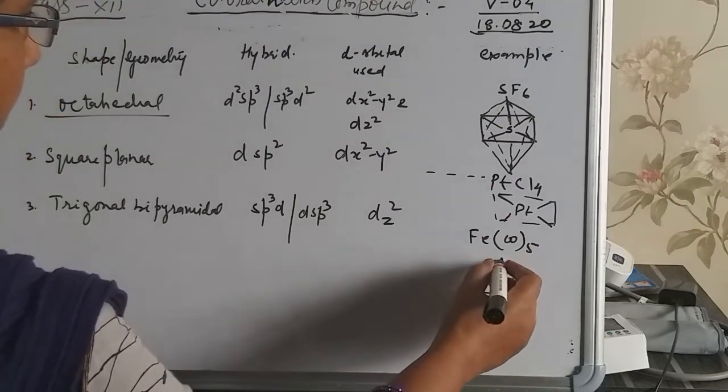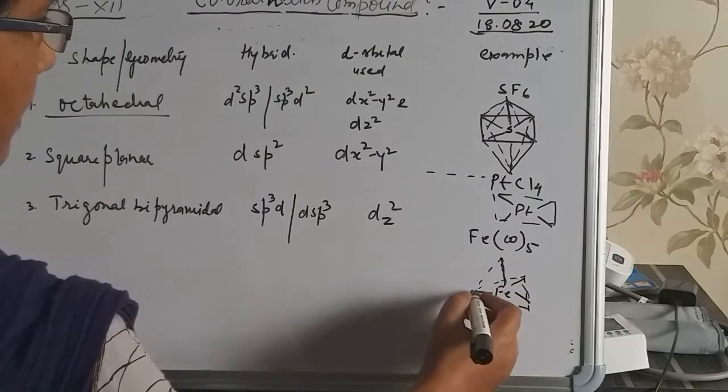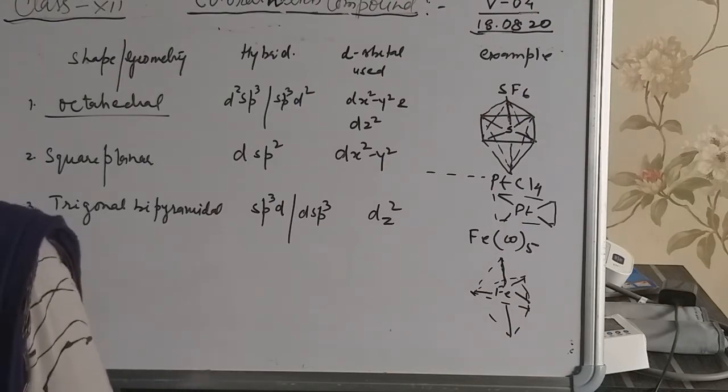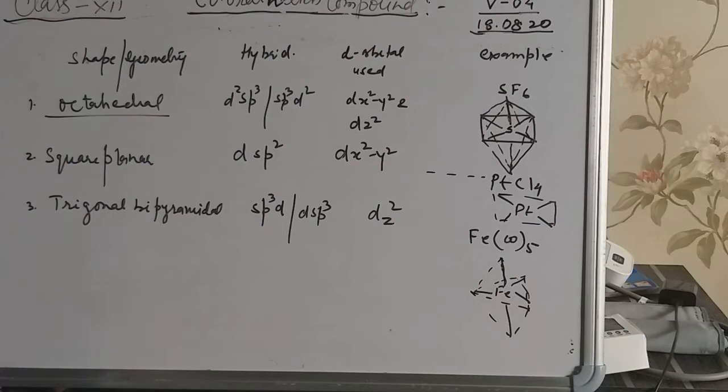Trigonal bipyramidal. So on the basis of this we can easily find out the geometry or the hybridization of a given compound.